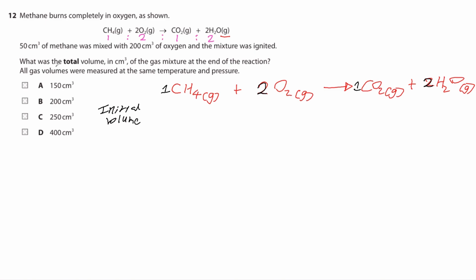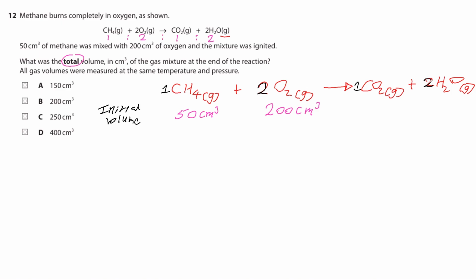I'll show how it works. It's 50 cubic centimeters of methane. So at the beginning, we have 50 cubic centimeters of methane mixed with 200 cubic centimeters of oxygen, and the mixture is ignited. What was the total volume? They're asking for the total volume in cubic centimeters of the gas mixture at the end of the reaction. All gas volumes are measured at the same temperature and pressure.